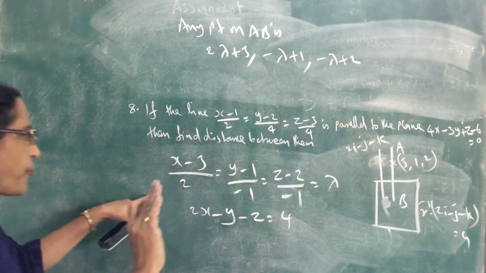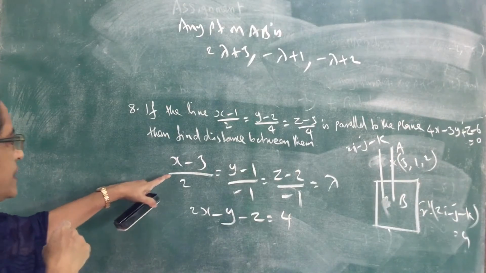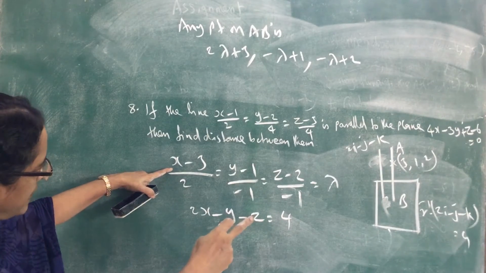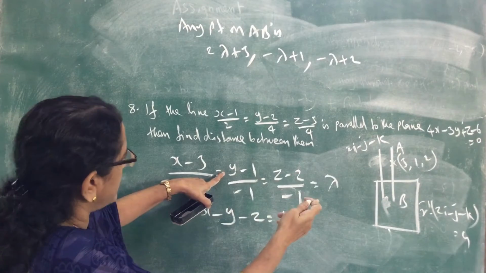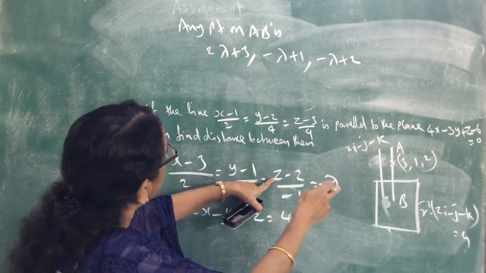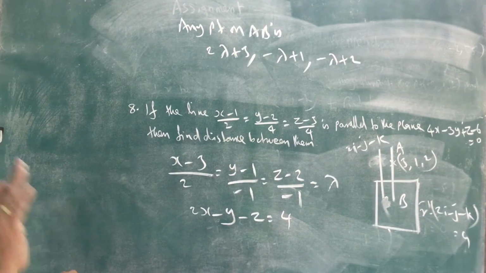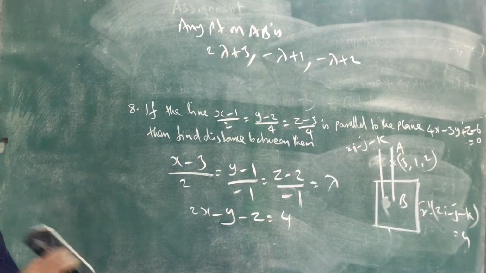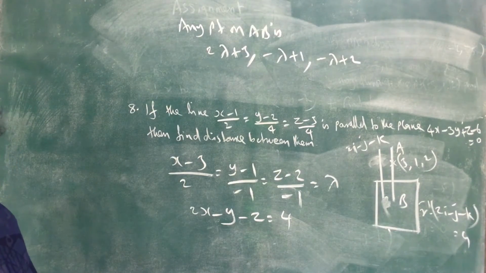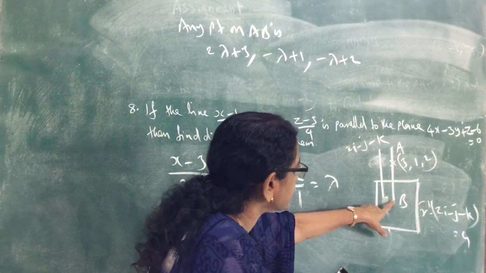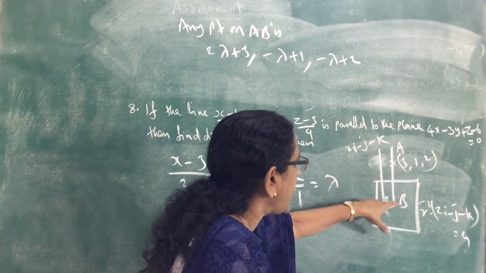So this is the general form of any point on line AB. So x equal to 2 lambda plus 3, y equal to minus lambda plus 1, z equal to minus lambda plus 2. This is the general point on line AB, and we want to find the point of intersection of line and plane. So this B is the point of intersection of AB and the plane.